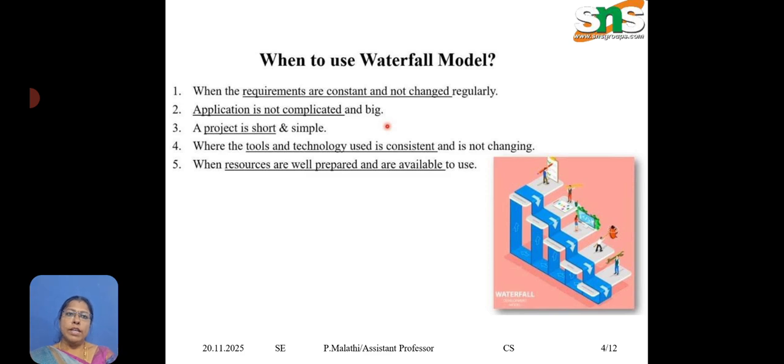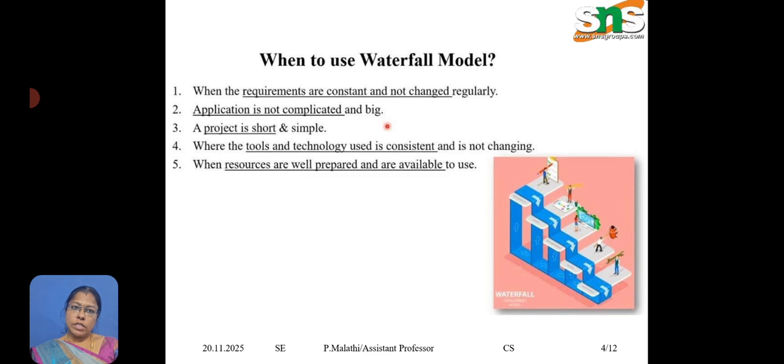When do we use this kind of model? While we develop software, we can use this model when the requirements are constant and not changed regularly. The requirements should be constant. We are not able to make changes in between. When the application is not complicated and big, we can use the waterfall model.